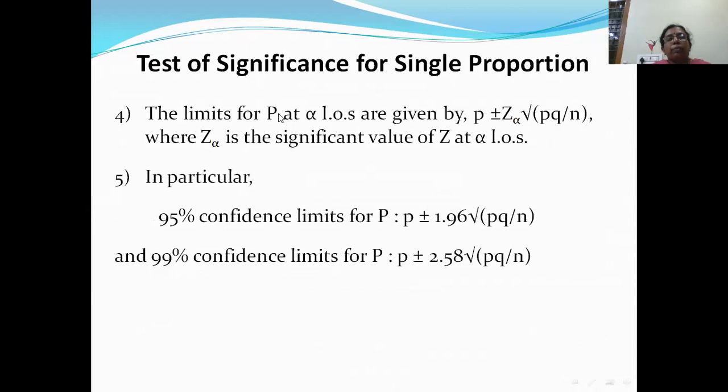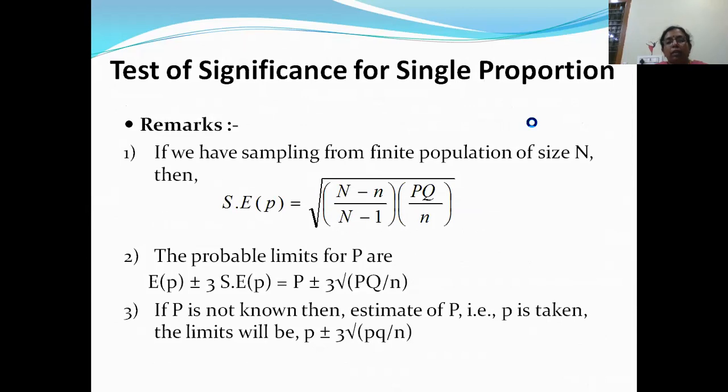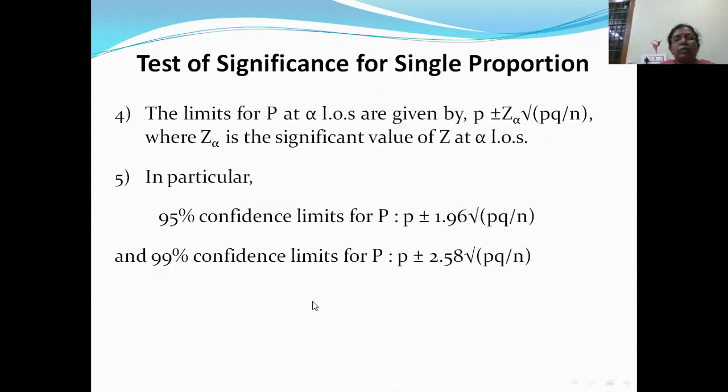Now the fourth remark: the limits for p at alpha level of significance. Here we have seen plus or minus 3. Suppose we have some value of z, that is z alpha, then the limits will be p plus or minus z alpha root of pq by n, where z alpha is the significant value of z or table value of z at alpha level of significance.